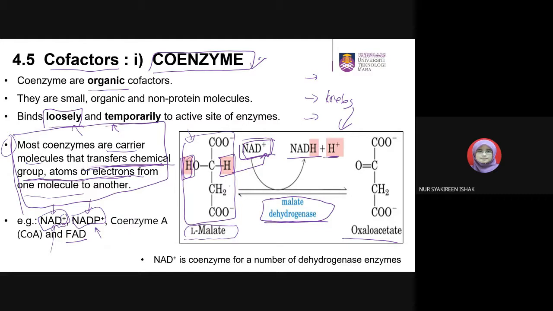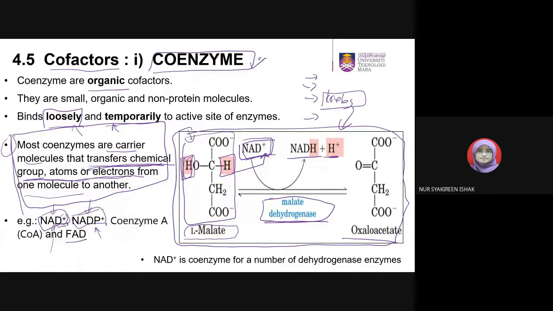So cellular respiration has four stages, and this reaction is one of the reactions involved in the Krebs cycle. The detailed reaction we are going to look at in chapter 5, the next chapter after enzymes.